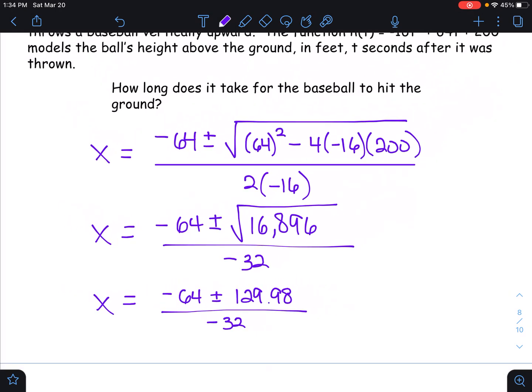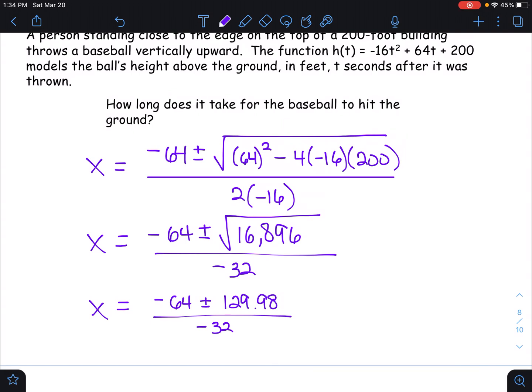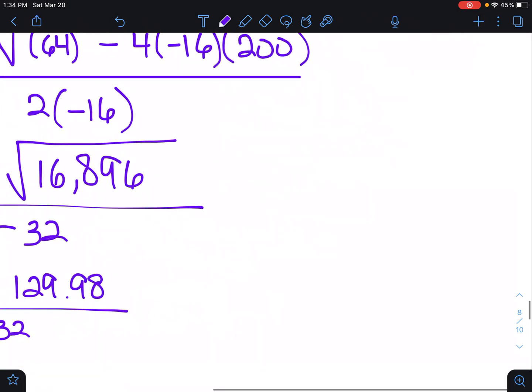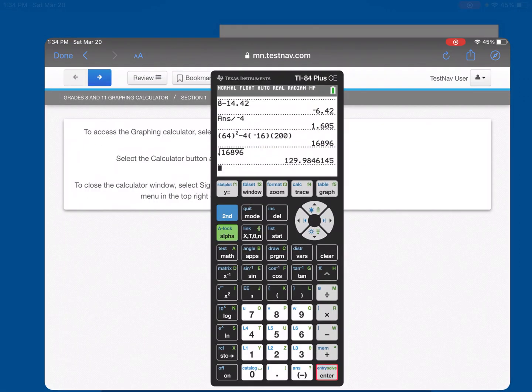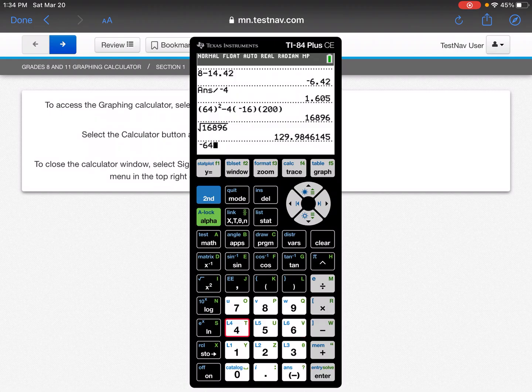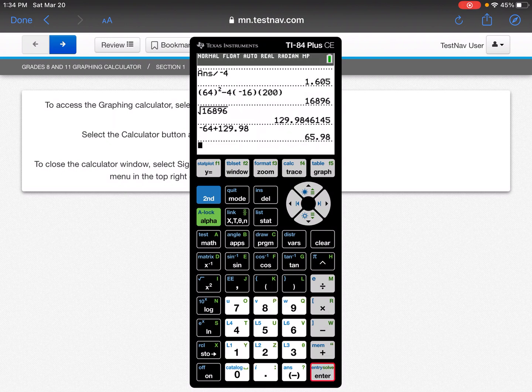All right, so I'm going to figure out what these two answers are. I'll do the plus version, plus or minus, so I should have two things here. Let's see what we get. All right, so negative 64 plus 129.98, divided by negative 32.